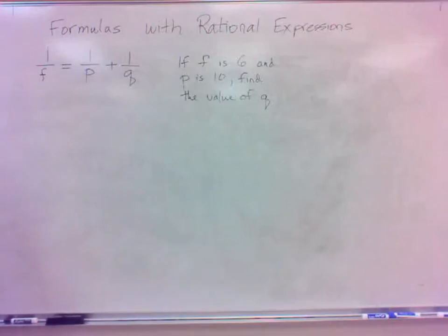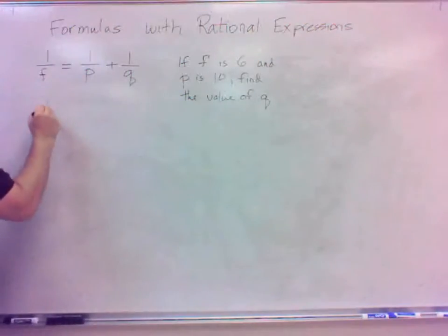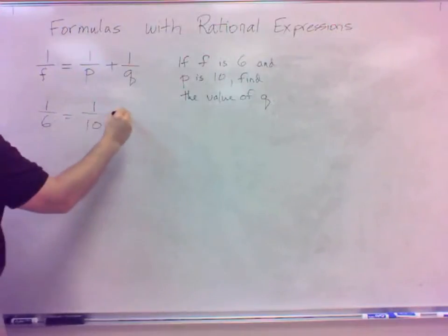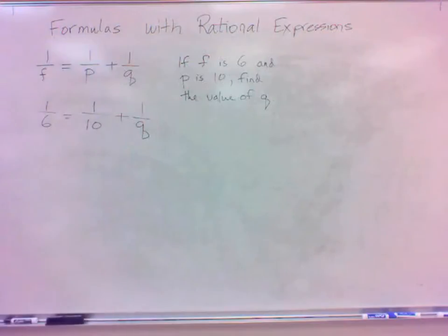Find the value of q. We're going to plug in some numbers here. In this case, f is 6 and p is 10. Q is my unknown.